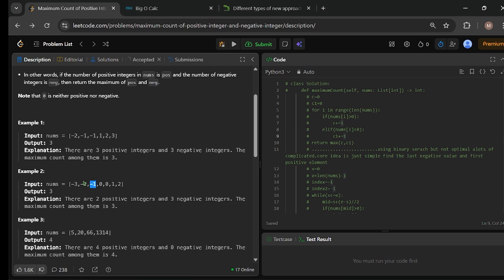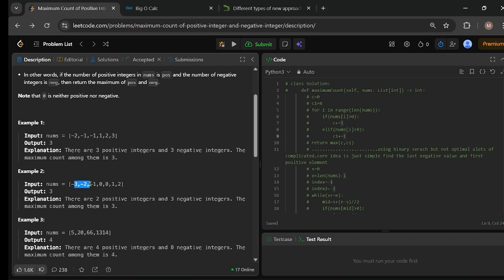Here, if I find the index of this -1, then I will get the total negative values in the array. So -1, what is the index of the -1? 0, 1, 2. So we return i plus 1, where i means the index of the last negative integer in the array. Here it is 2, 2 plus 1 is 3.